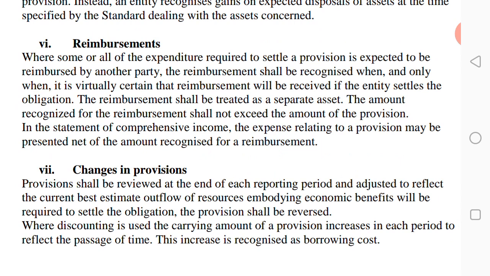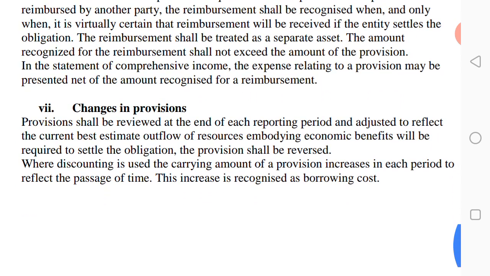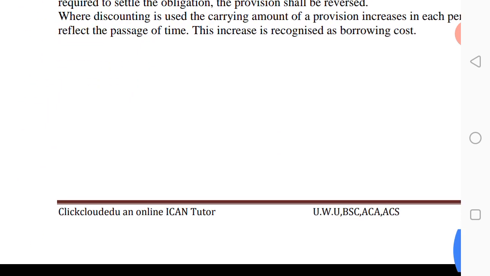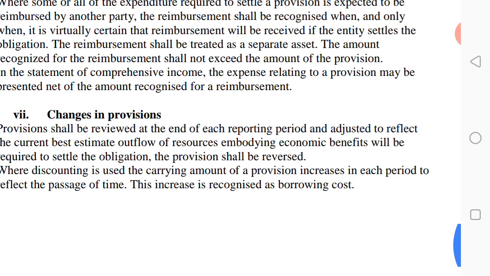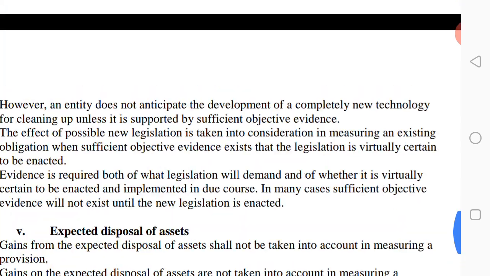So when there is a change in provisions, you have to reverse the provision. When discounting is used, the carrying amount of the provision increases in each period to reflect the passage of time. This increase is recognized as borrowing cost. So when there is an increase or decrease in provision, that should also be recognized.